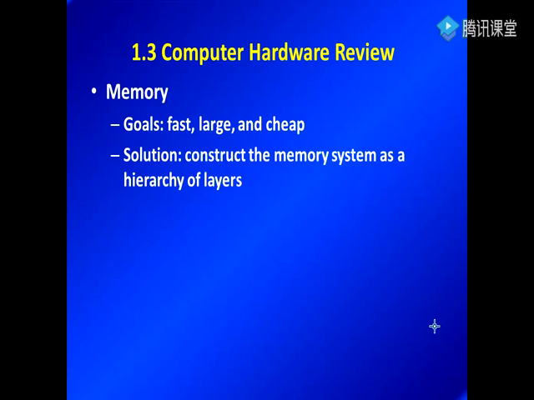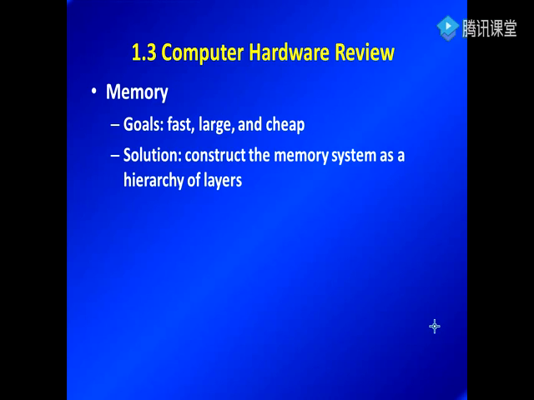Memory is actually a system. We can view it as a pyramid because we have different devices to store data and programs. If we want to store something in the computer, we hope that we can access the data very fast, we hope it can provide a large volume, and we hope the price is very low.